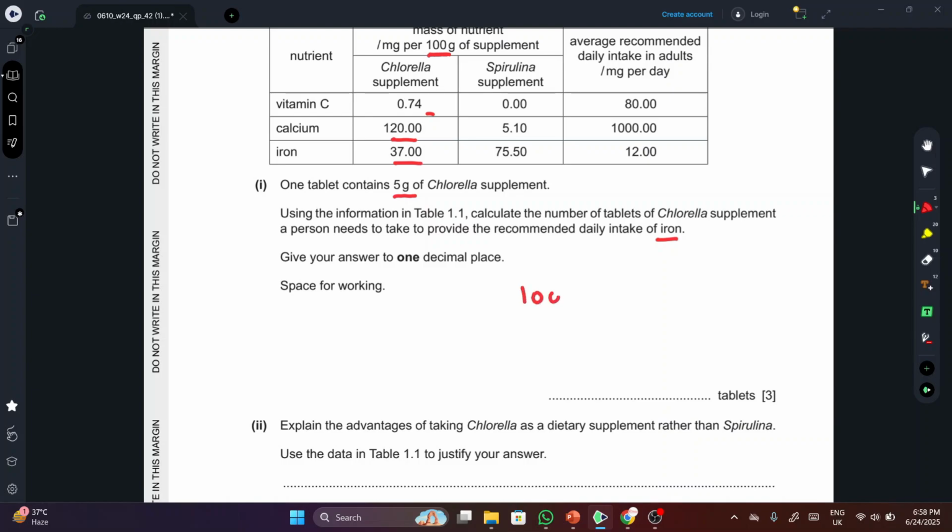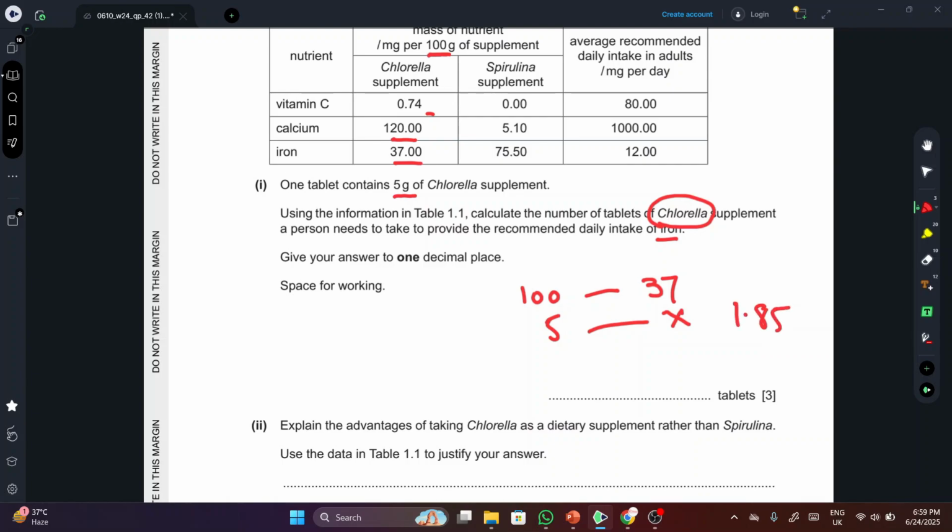So 100 gram of this supplement contain 37 iron, because the question is in the chlorella supplement. So we are not talking about the spirella, we are just talking about the chlorella. So this one, and they are asking about what will be in the 5 grams. So cross multiply and find in the 5 gram 37 multiplied by 5 divided by hundreds, that will be 1.8 something 85.